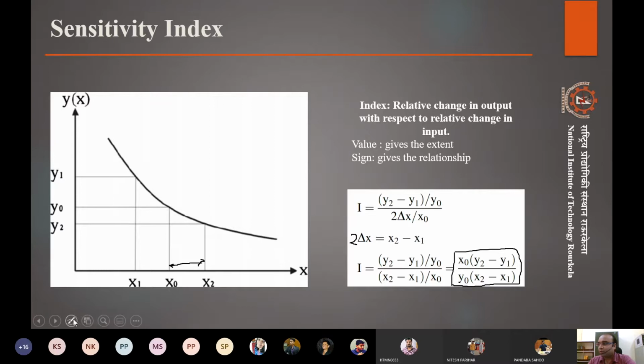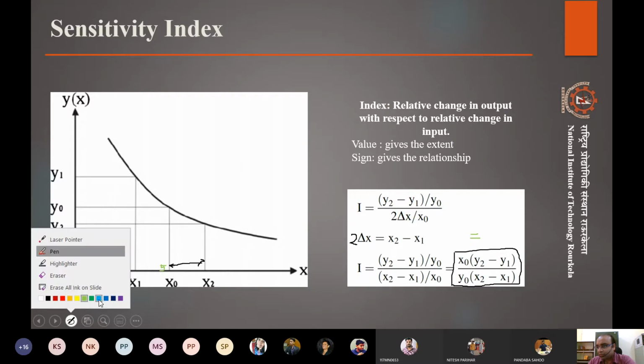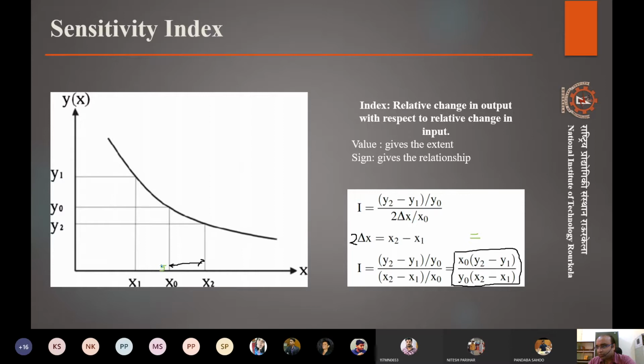A good thing to remember is that there are two things that will come out of it. Suppose this is 5, and this is also 5, and this is 6, this is 5.5.